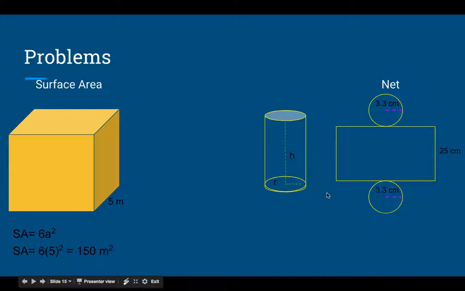So now we need to find a formula for how we're going to find this. We're going to use two separate formulas because there are two circles and a rectangle. We're still going to use pi, the radius, and the height, and to do that we're going to use this equation.